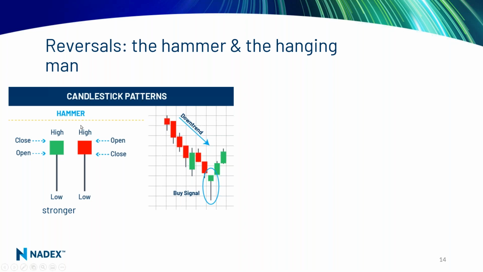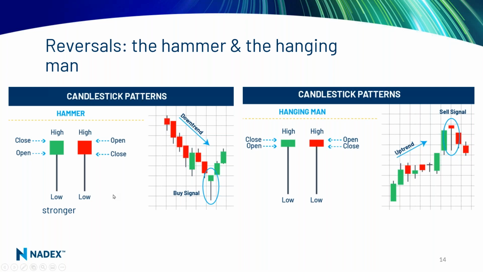Buyers step in, they push it right back up, and it ends up closing higher than where it opened, and you get this little hammer formation. In a chart, you see sellers, sellers, sellers. They try to push it lower, but buyers stepped in and formed this little green hammer, which would be an indicator of a potential reversal, and you'd start to see an uptrend.